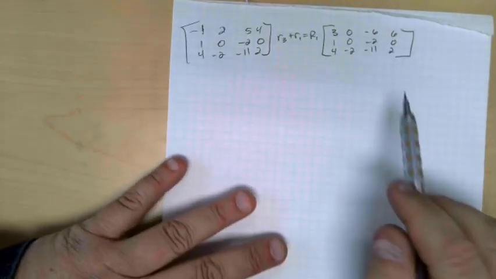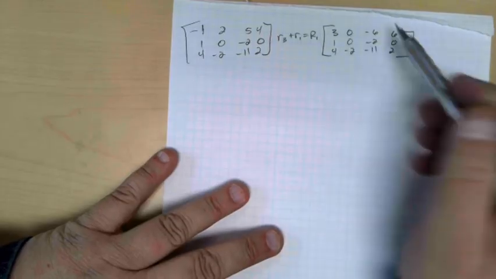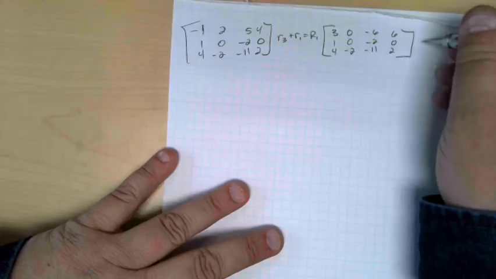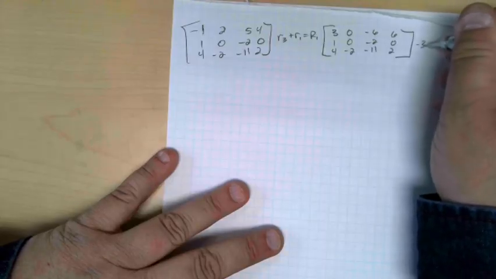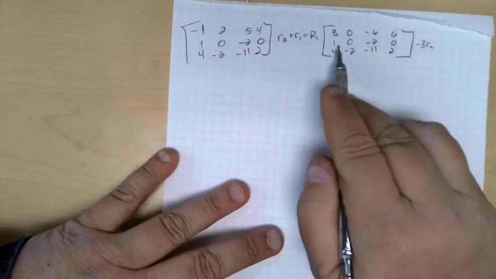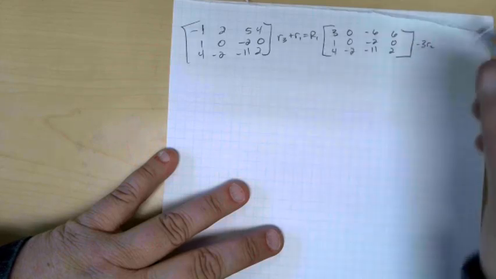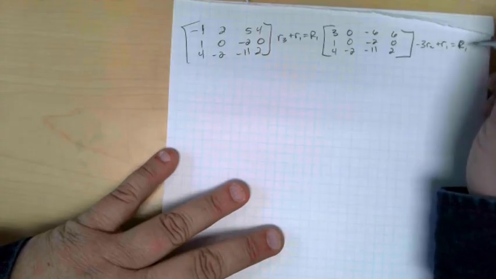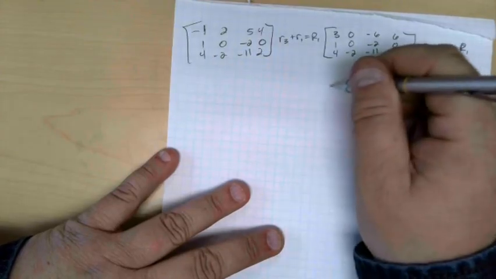Okay. Now I'm looking at this. I need to work with these two rows because they have the 2 zeros. If I do -3 times that second row, -3 times 1 is -3, and add it to there, I'll get a new row 1. Okay.